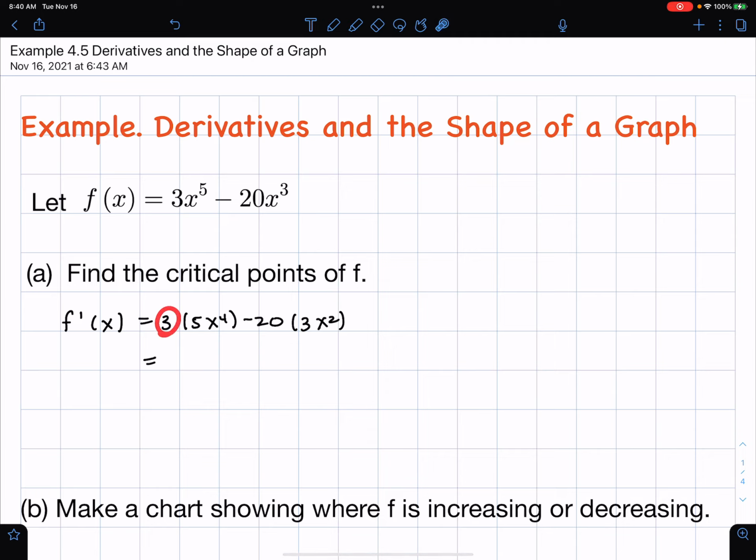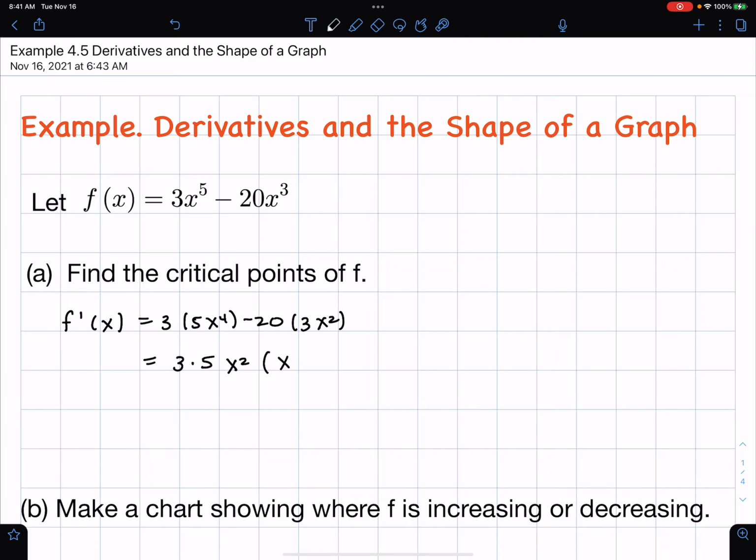So pretty clearly I can factor out 3. But I can also factor out from 5 and 20 the number 5. Put a dot for multiplying. And then also I can factor out from x to the 4th and x squared, which leaves behind on the first term, what? 3 and 5 have been factored out, and we factor out x squared from x to the 4th.